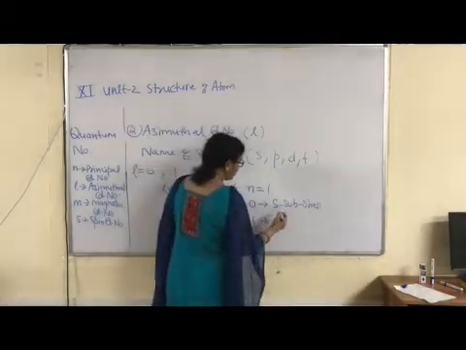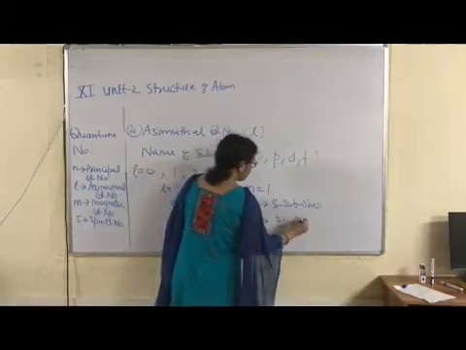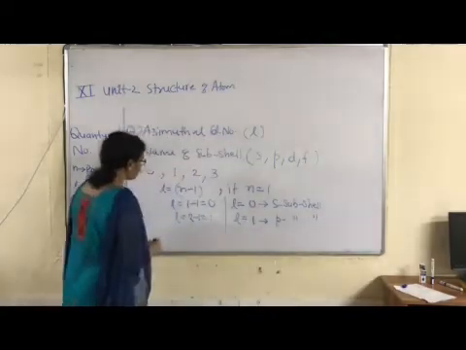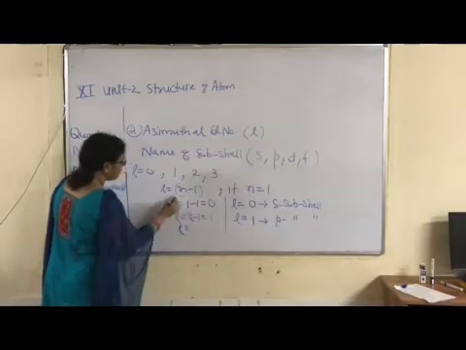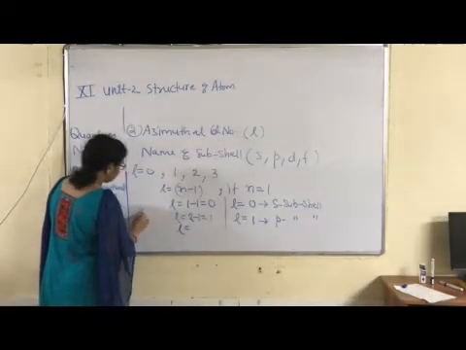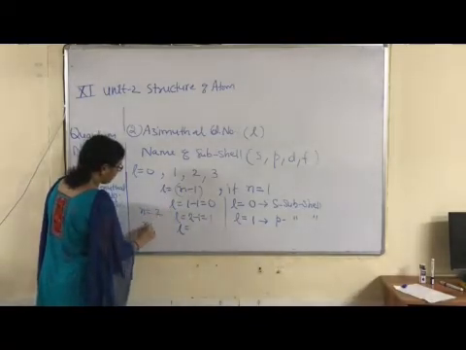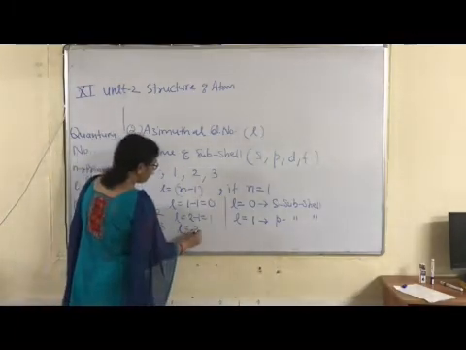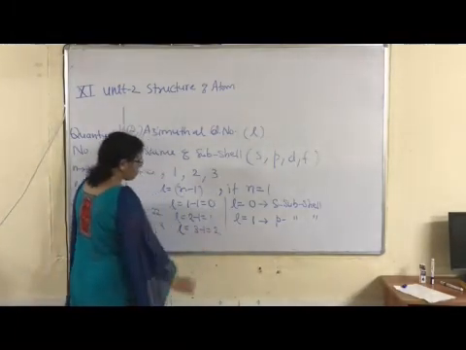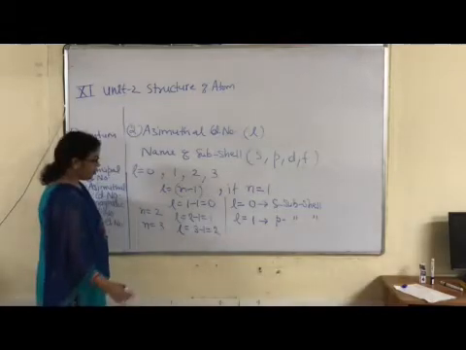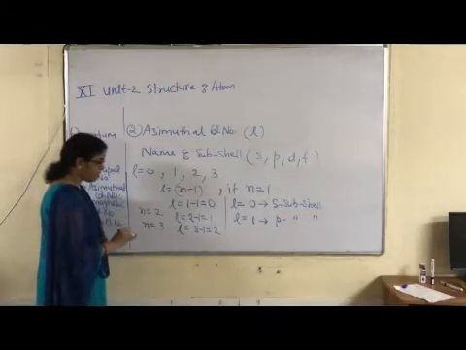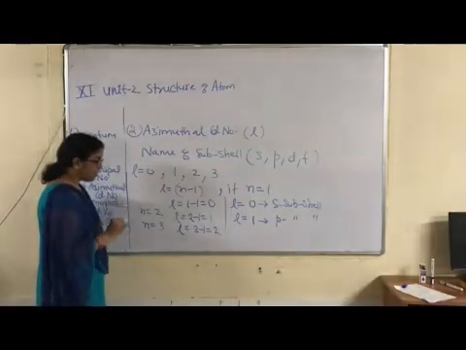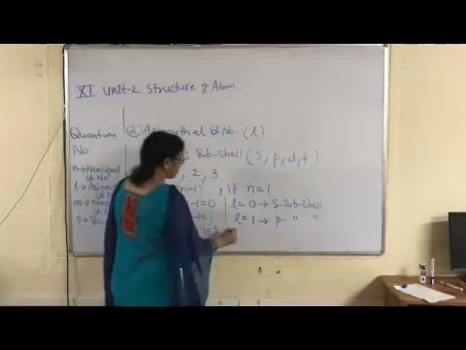After s, the p subshell comes. Next value, if n is equal to 3, 3 minus 1 is equal to 2. This third value of the secondary quantum number, the value 2, denotes that the electron is present in the third subshell, which is known as the d subshell.